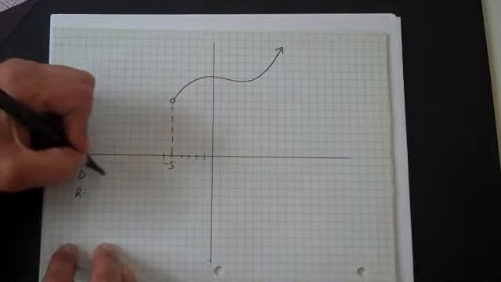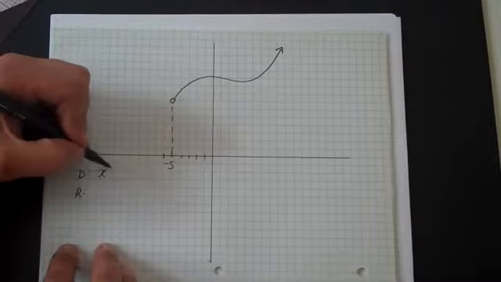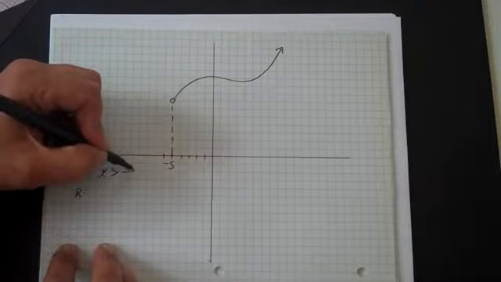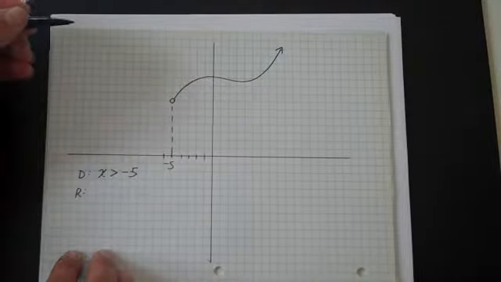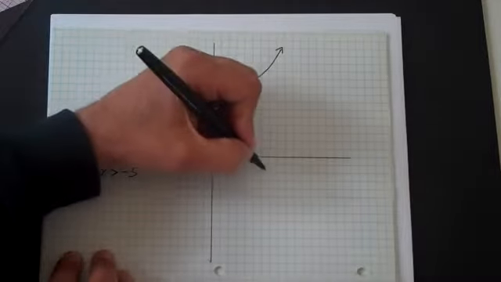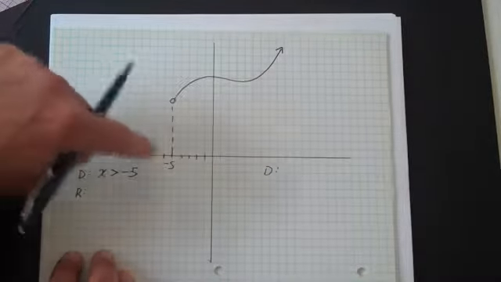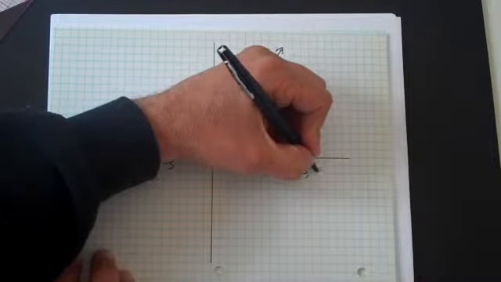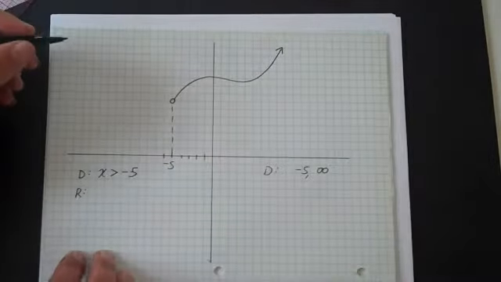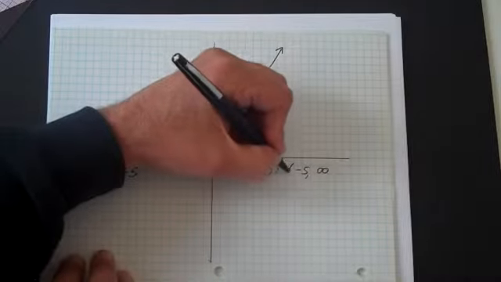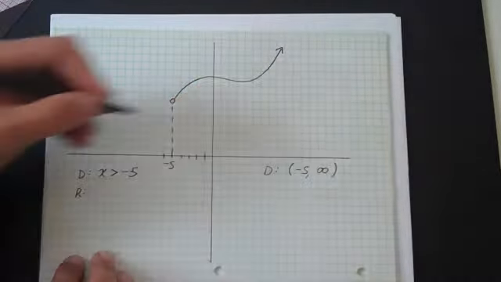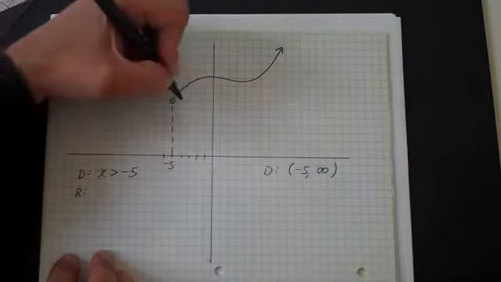It does not include minus 5, so that would be x is greater than minus 5. If you wanted to do that in interval notation, that would be everything from minus 5 to infinity, but it would not include minus 5, so that would be an open parenthesis, and an open parenthesis on the other end as well. Now let's look at range.